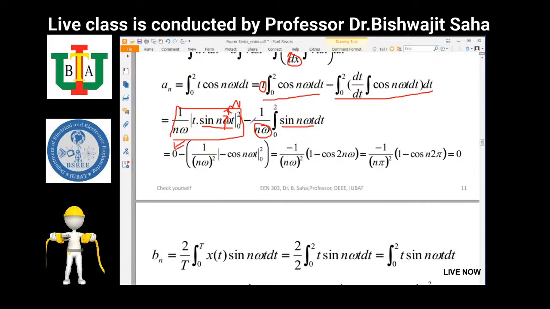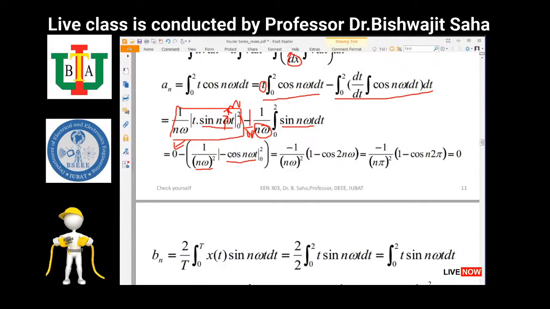Now the second term: minus 1 over n omega. Another integration is coming, so it will be another 1 over n omega, multiplied. That's why it is written 1 over n omega whole squared. And sin(n omega t) becomes minus cos(n omega t), and the limit is 0 to 2.